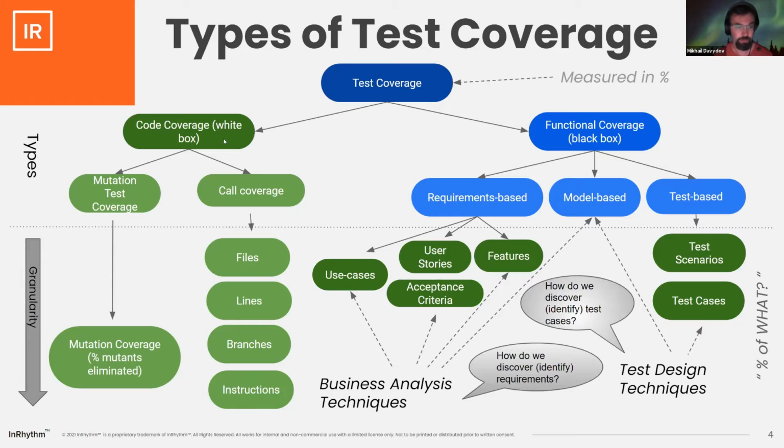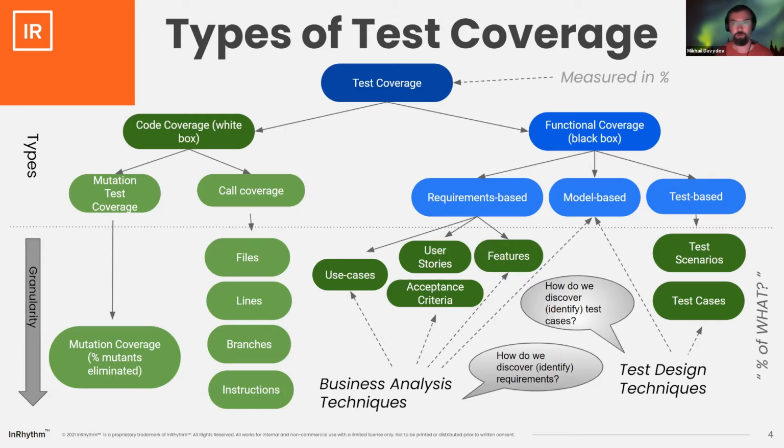The other way of measuring, with regard to the actual quality of the tests, is doing mutation testing. Mutation testing is a very interesting concept. The idea here is that you are modifying your application line by line, making one change at a time.